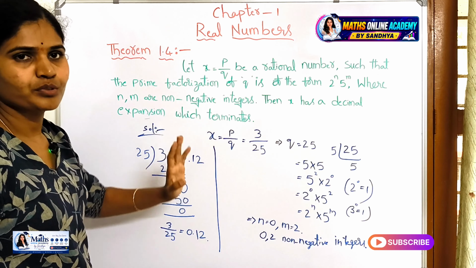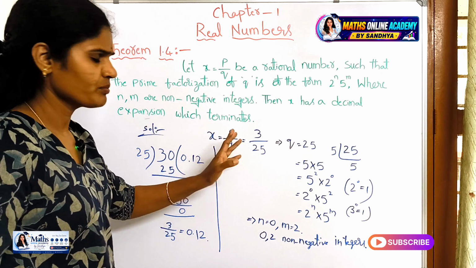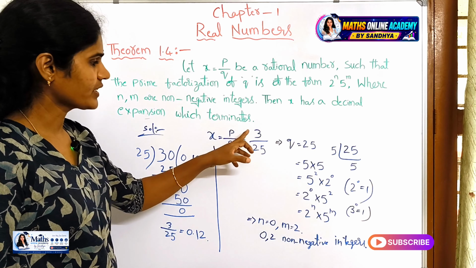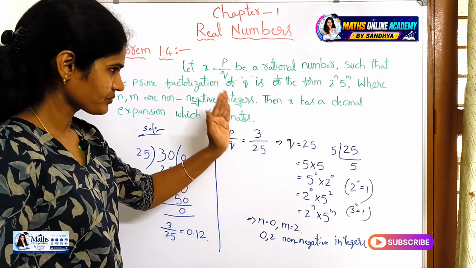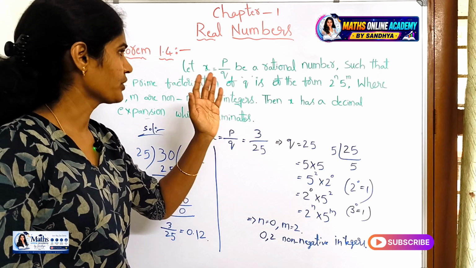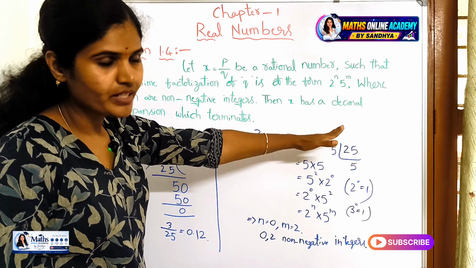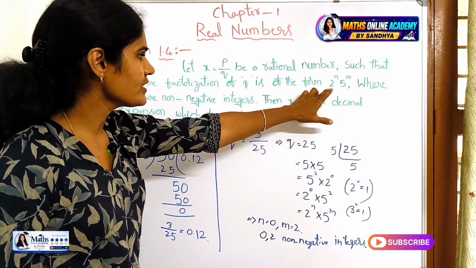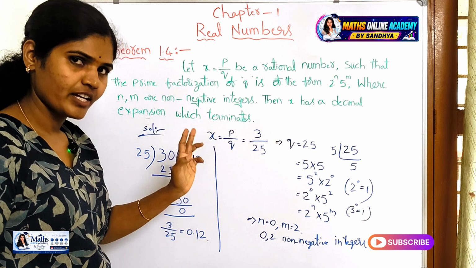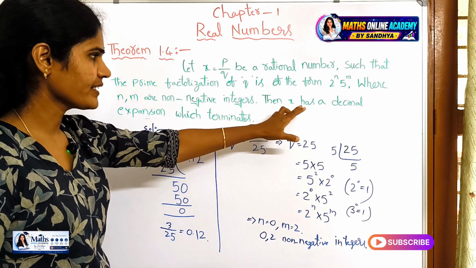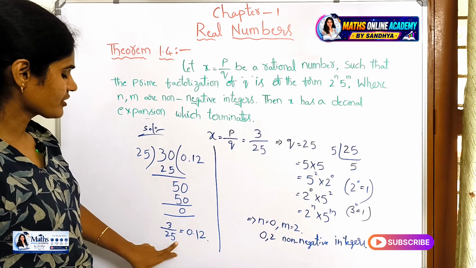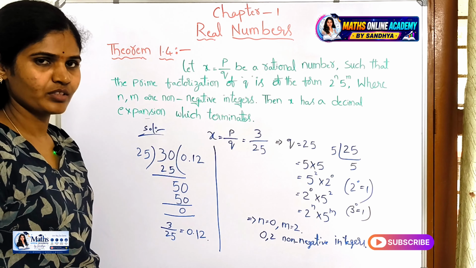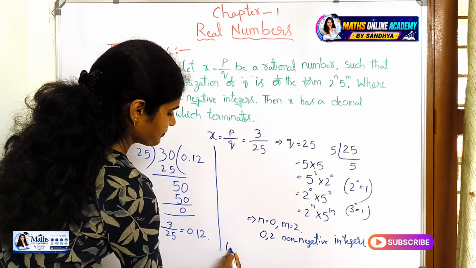The theorem is proved by taking one example. So for one example, we proved that x equal to p by q is a rational number such that the factorization of q is in this form, n, m are non-negative integers, and x has a decimal expansion which terminates. Hence proved.